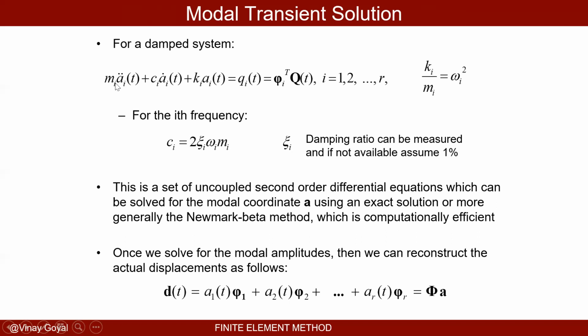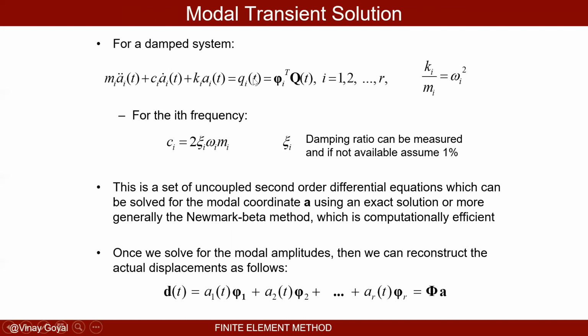But again, if I know this, I know this, I know this, I know C_i. And so this is a set of uncoupled second order differential equations, which can be solved using the Newmark beta method. You can actually use Newmark beta method, or you can find a way of time marching a solution some other way.